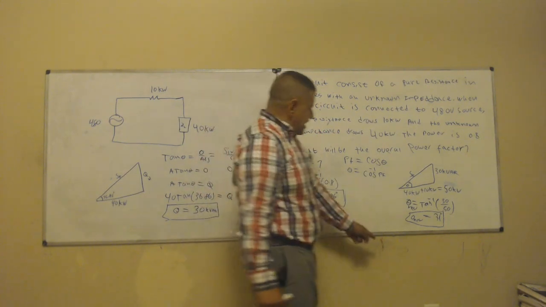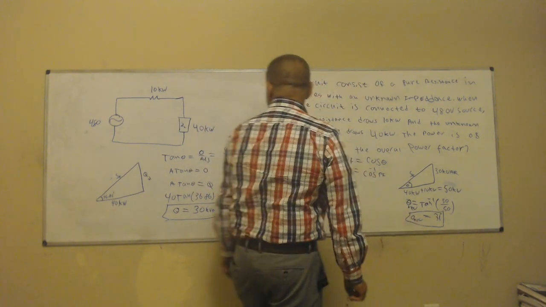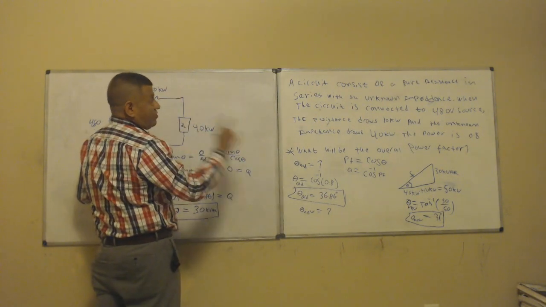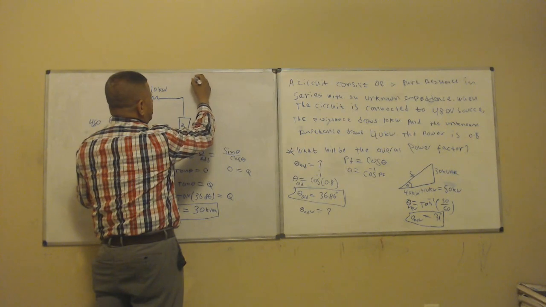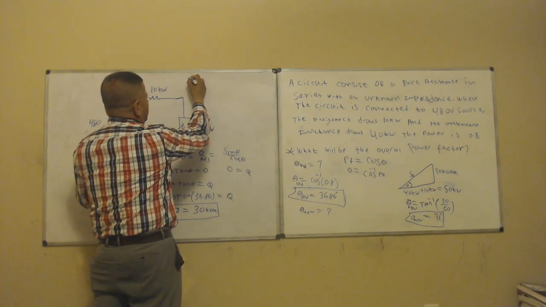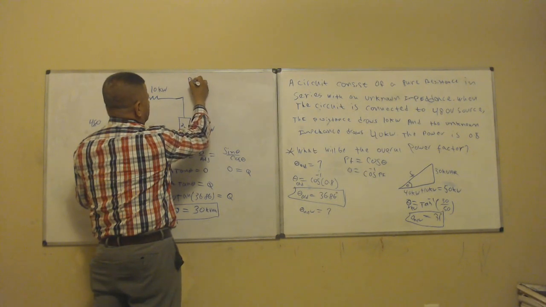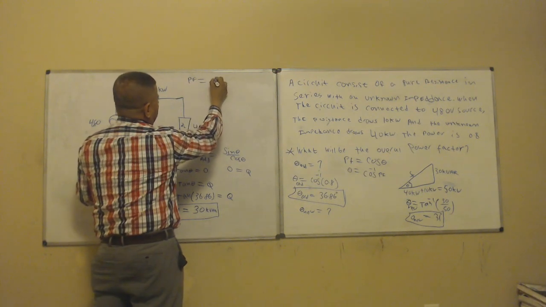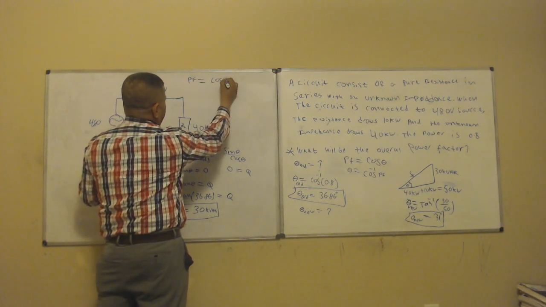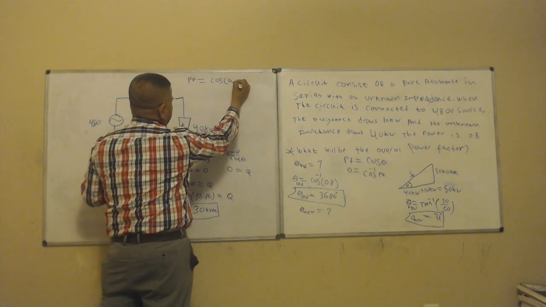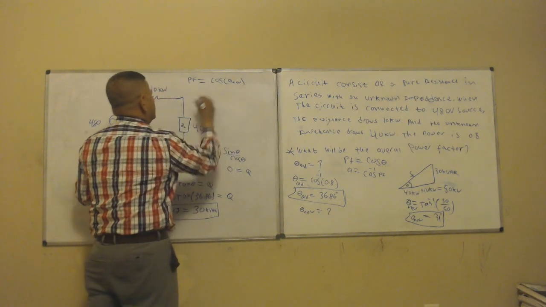Now we can use this theta new to calculate the overall power factor. The overall power factor is going to be equal to cosine of theta new, right?